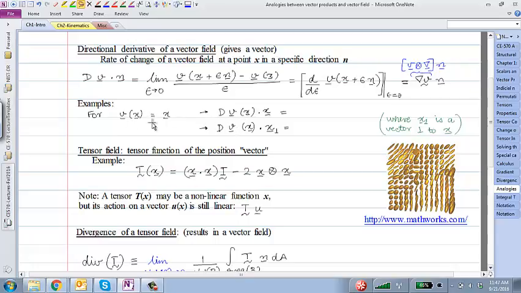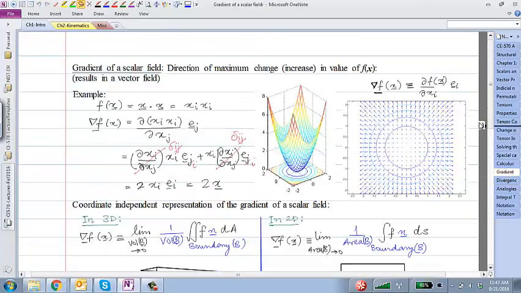For the particular vector field x, which we all know what it looks like, if I were to take the directional derivative for x in the direction x, basically what that means physically is I am at some point x in the space, and I am moving also in the direction of x.